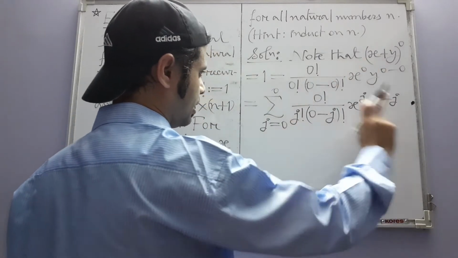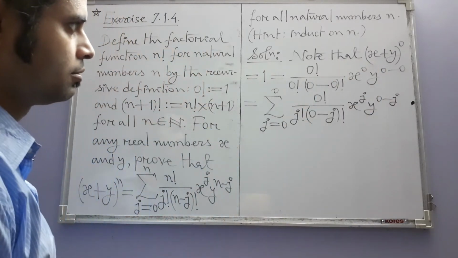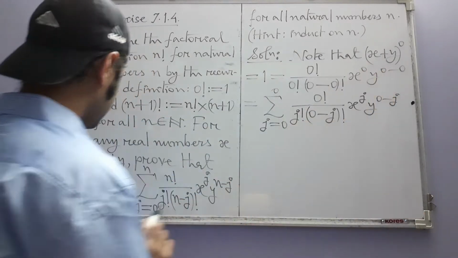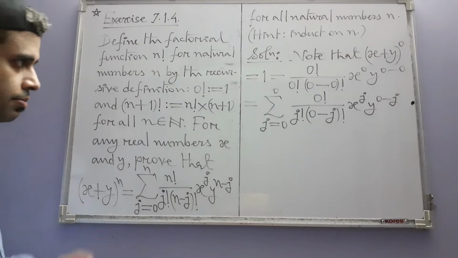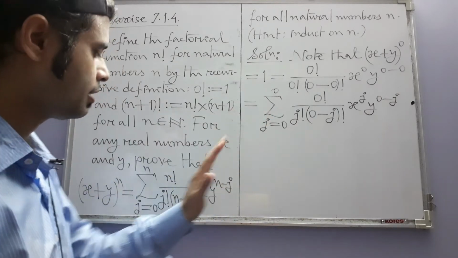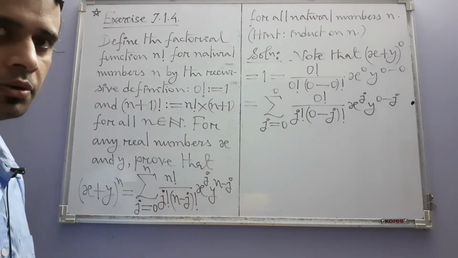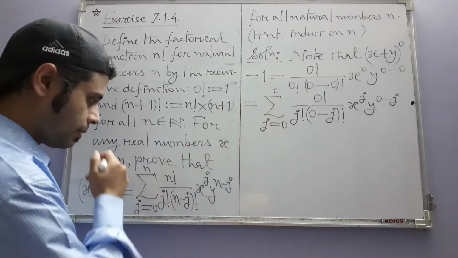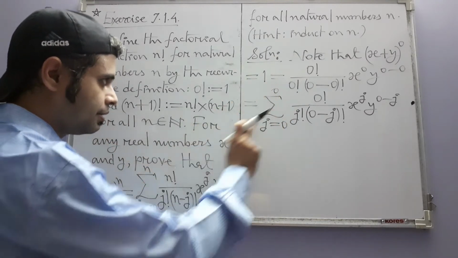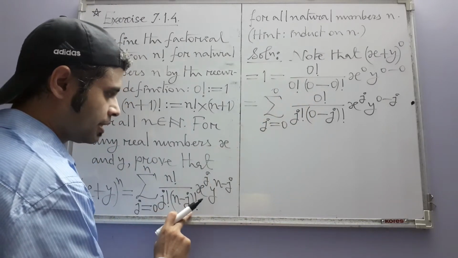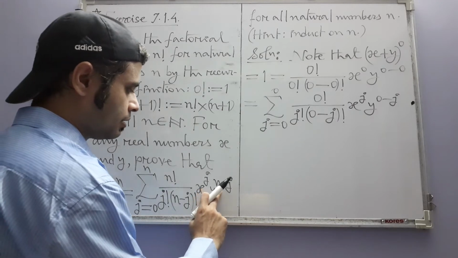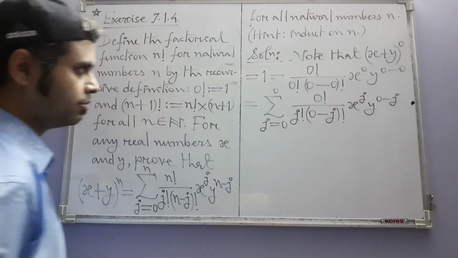Now look at the first term and the last term in this series of equations. This of course is the left hand side when n is 0, and this is the right hand side when n is 0. We have n here, we have 0 here. Here you have n, here you have 0. N minus j, 0 minus j. J of course is there, and here in place of n you have 0.